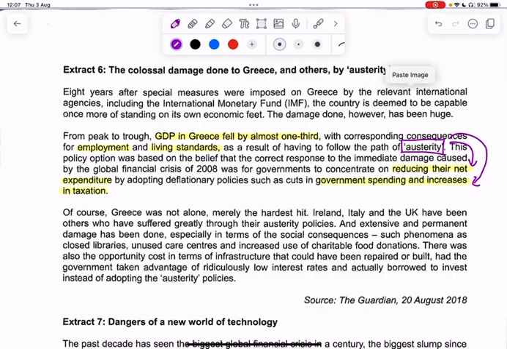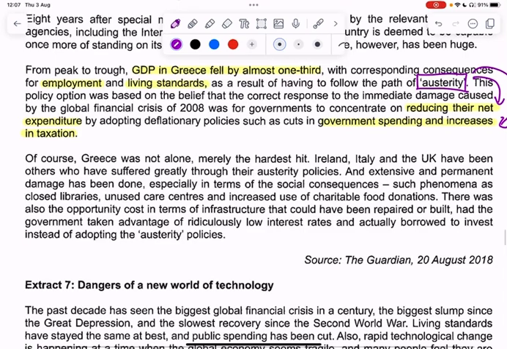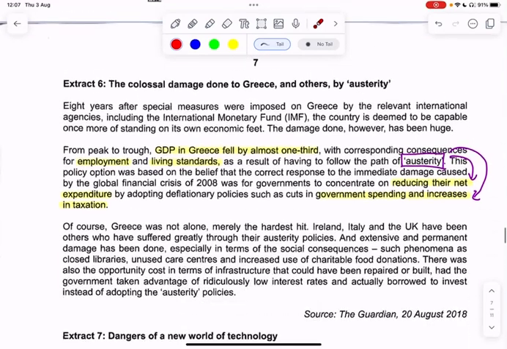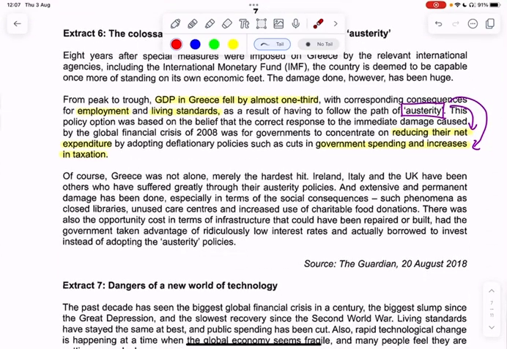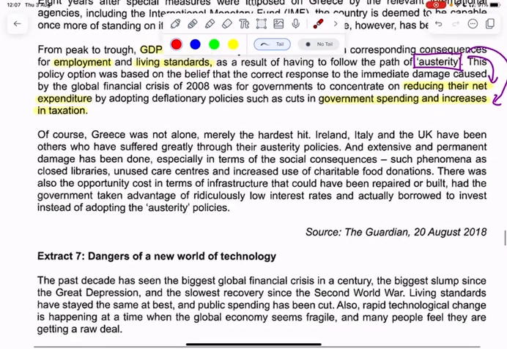So here we say that Greece is not alone, merely the hardest hit. Other countries were also impacted by such issues. You see Ireland, Italy, and the UK have been others who suffered greatly through their austerity policies. And extensive and permanent damage has been done, especially in terms of social consequences.